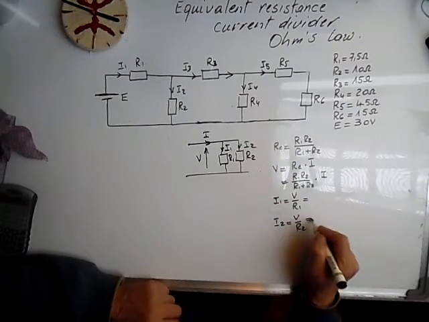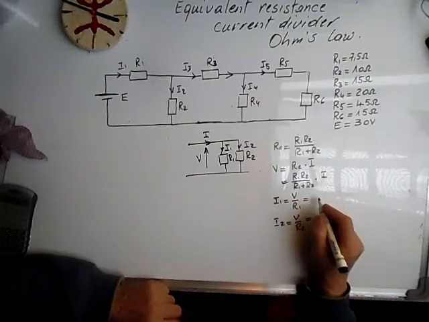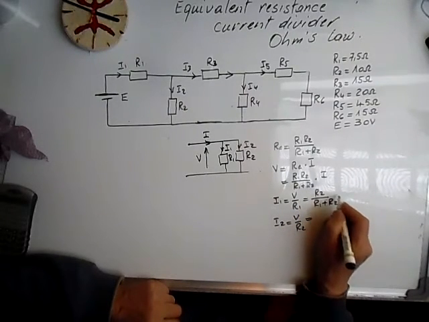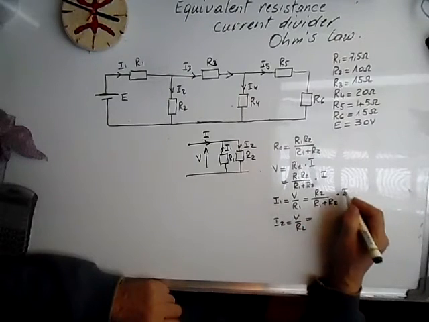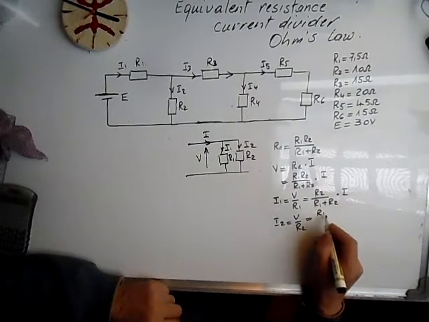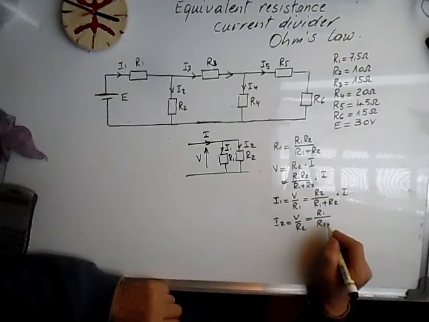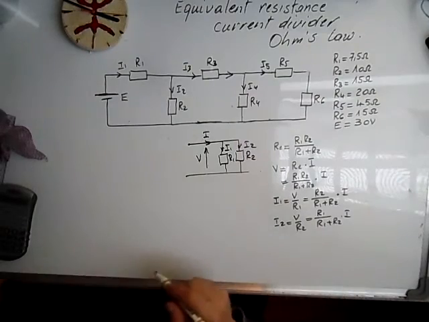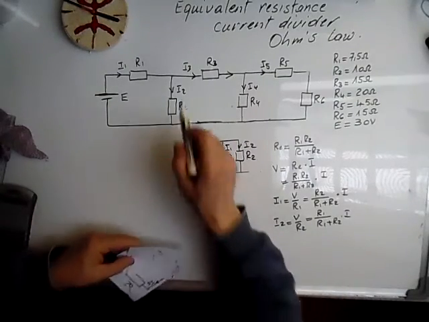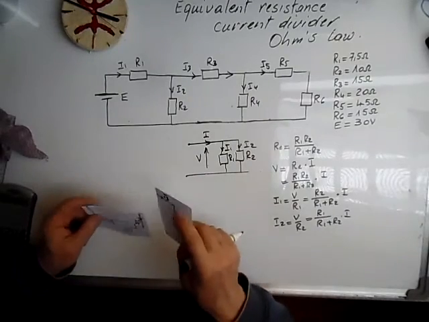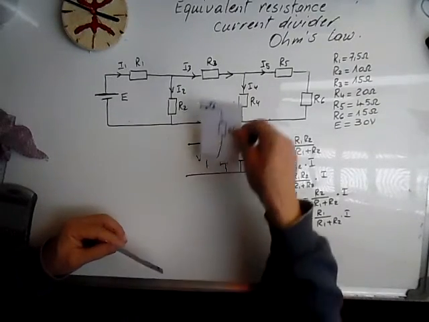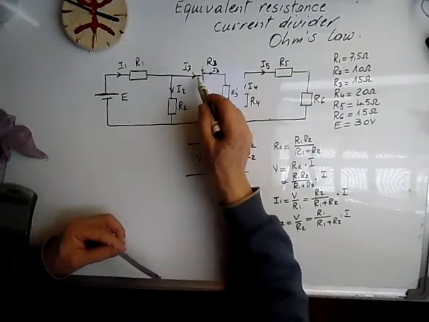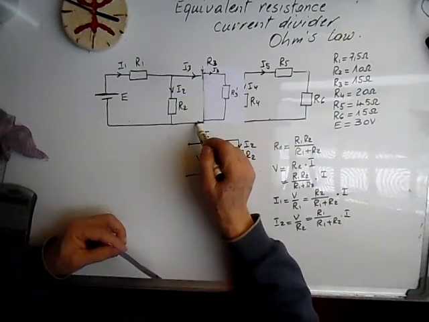So if we replace V by this equation, we have the following results: the current I1 in function of the main current and I2 in function of the main current. We will use this to calculate the currents I3 and I2, knowing R3 prime, the equivalent resistance between these two points.